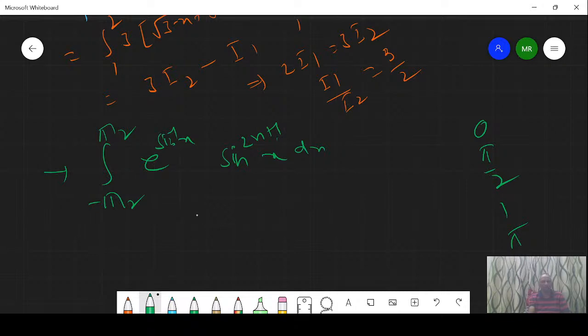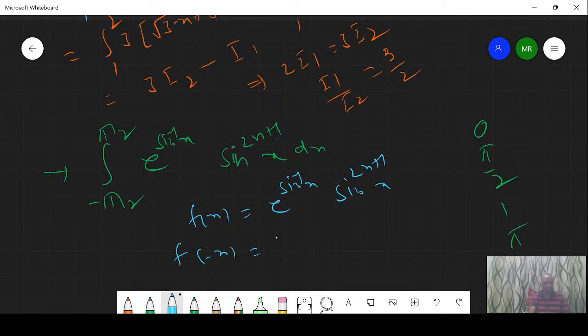The function I can consider is f of x equal to e power sin inverse x sin power 2n plus 1 x. Take this as f of x and verify whether the given function is even or odd. That is important. So replace x with minus x.